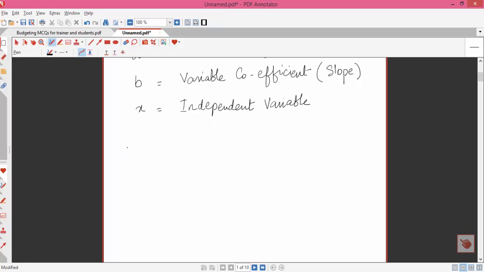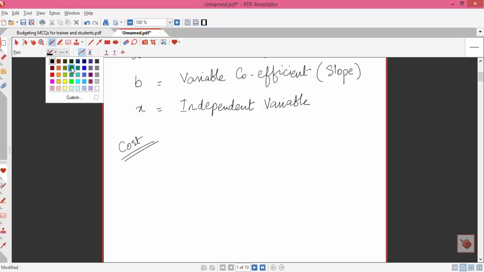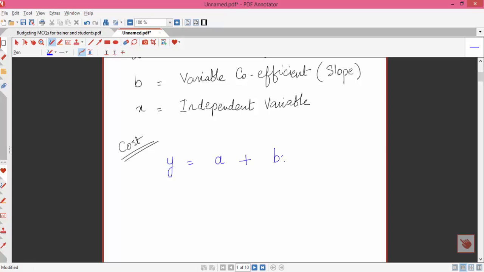If I am telling you in terms of cost, this equation, y is equal to a plus bx. So y means total cost, a means fixed cost, and bx in total means variable cost.